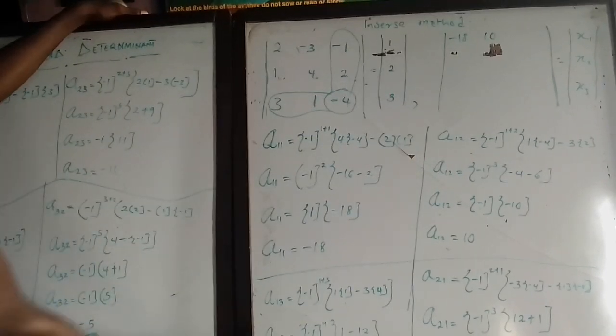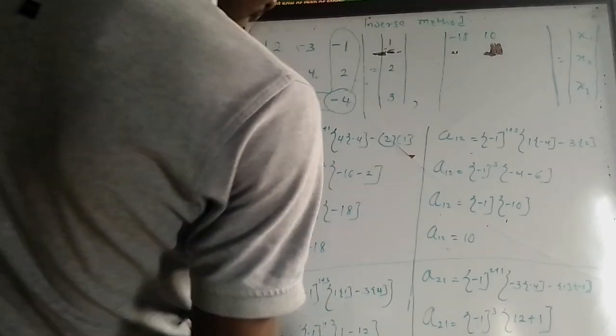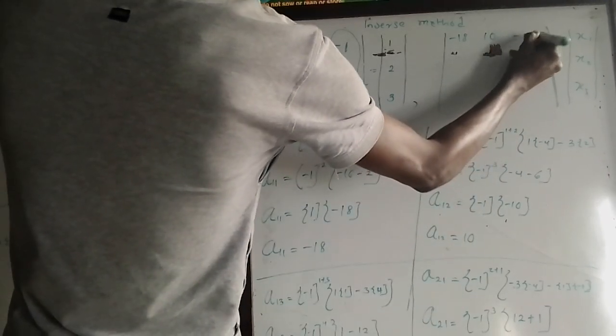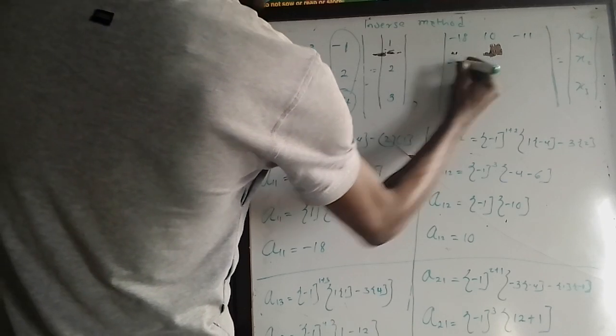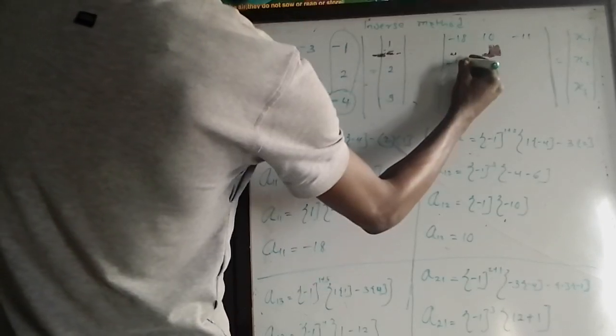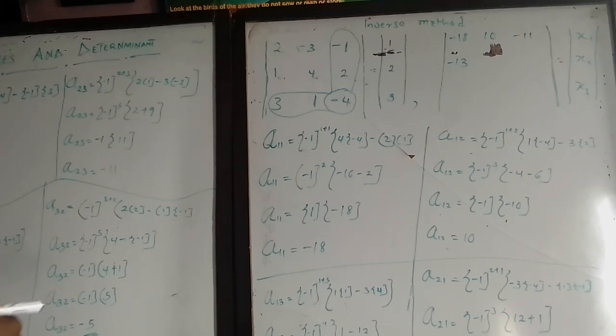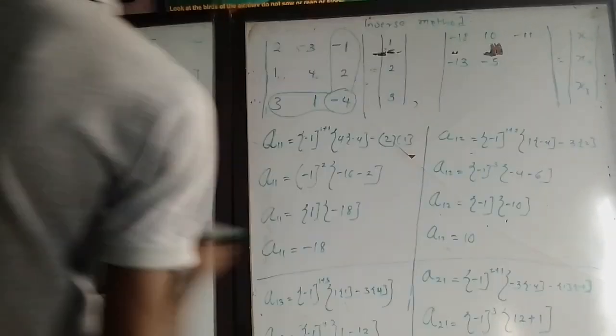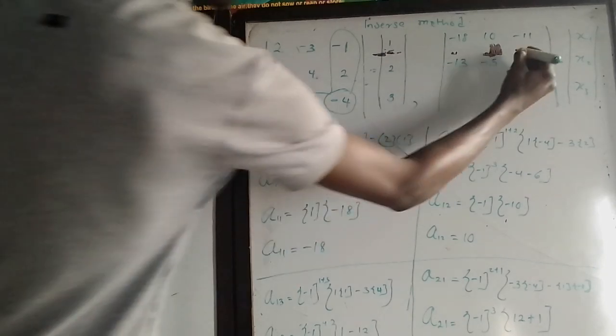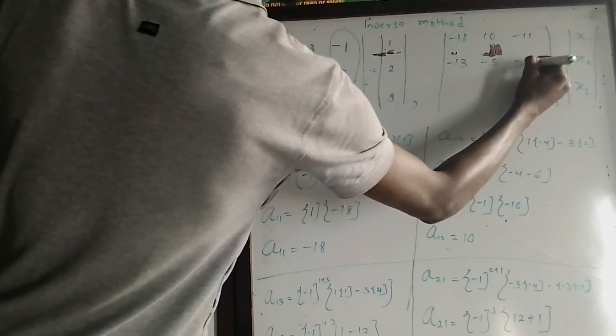Our A13 is what? Minus 11. Then our A21 is what? Minus 13. Then our A22 is minus 5. Our A23 is what? Minus 11.